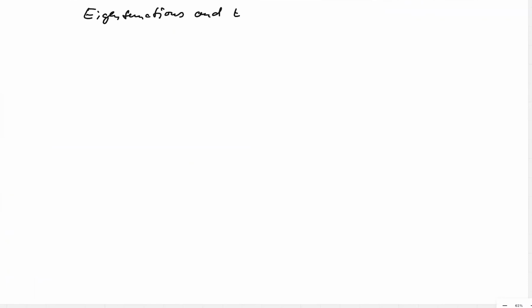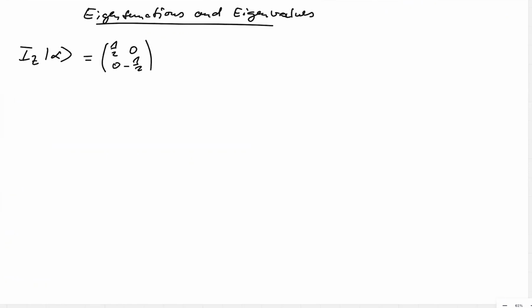Now let's calculate some eigenfunctions and eigenvalues for these operators. So Iz applied to the alpha state, which is simply the matrix 1/2, 0, 0, minus 1/2 times the column vector 1, 0.